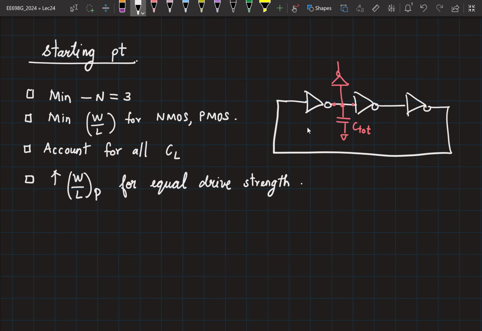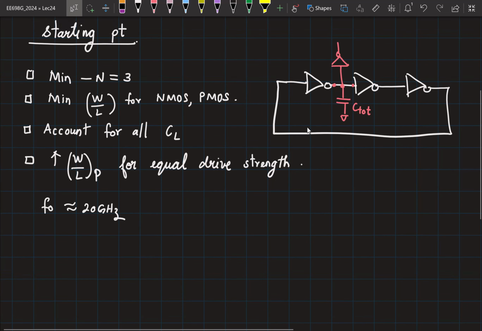Right? And then we simulated for what is the F0 of this ring oscillator, and let's say we found that the F0 is much higher than what we wanted. We wanted 2 GHz, let's say this came out to be around 20 GHz, much higher than what we want. Now, what is the power of this oscillator, in terms of C total, VDD, frequency F0?